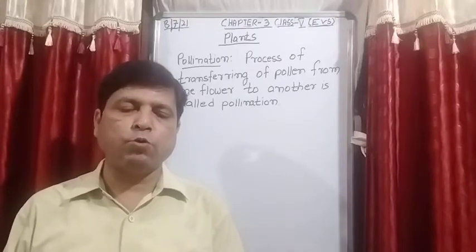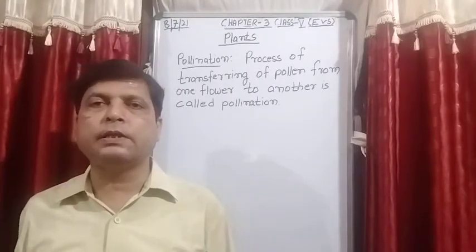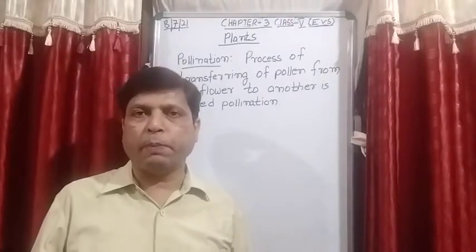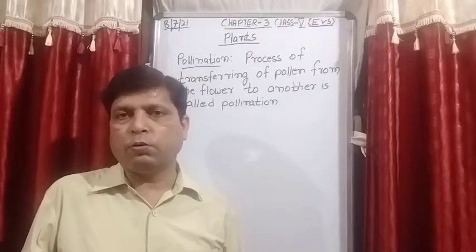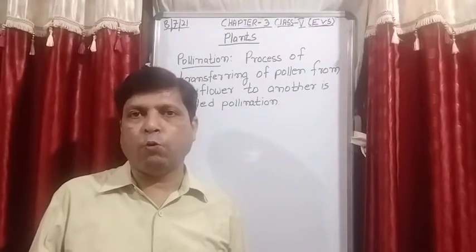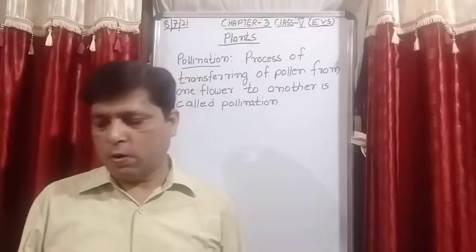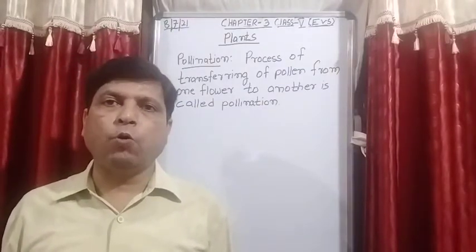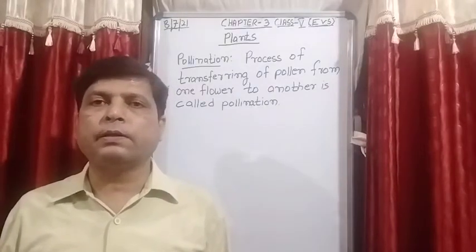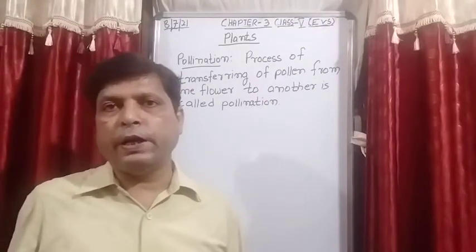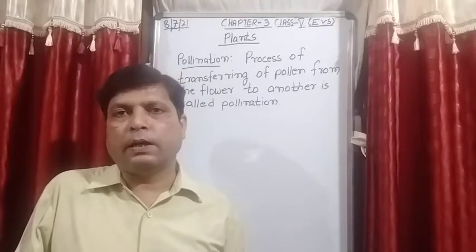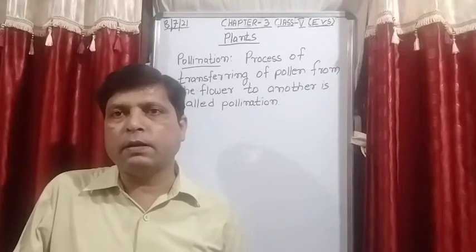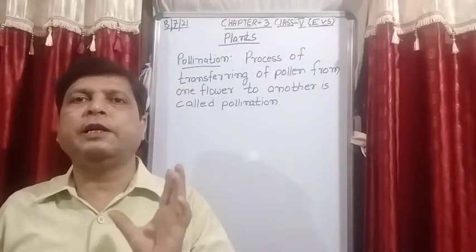When the pollens, that is the male reproductive part, enter the female reproductive part through the style and from the style into the ovary, what happens then? Ovules, or you can say female egg cells, are already present in the ovary, and when male gametes enter, they fuse, and this process is known as fertilization.